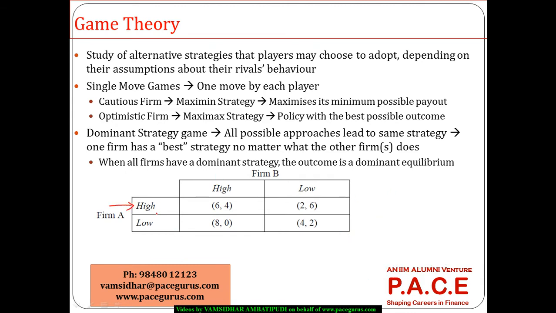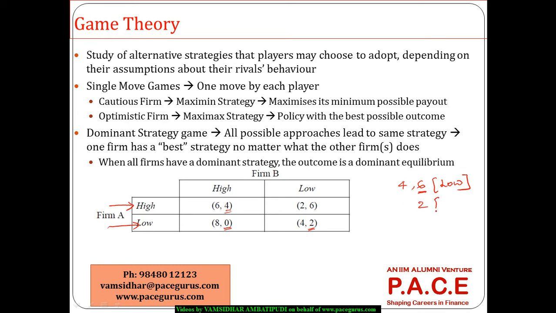Let's say A is setting a high price. Now for B, the payoff is either 4 or 6, so the maximum payoff comes when he is setting a low. Similarly, if A is setting a low, the payoff for B is 0 when he sets a high and 2 when he sets a low.